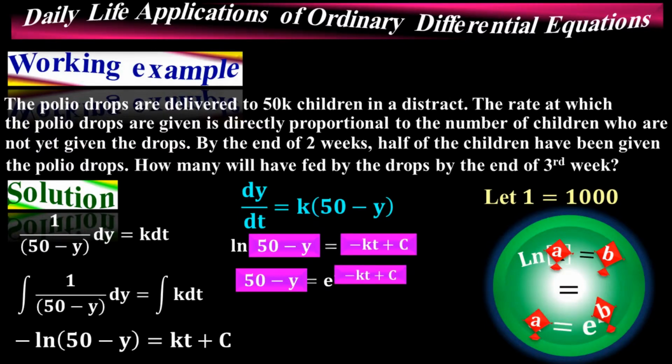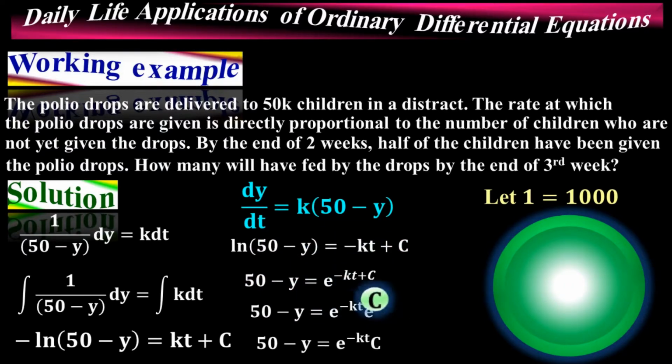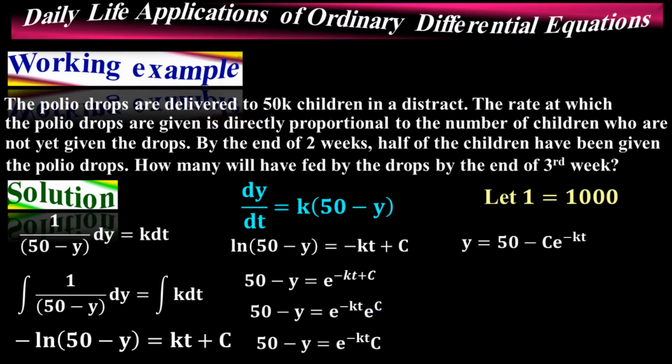You just apply this rule here. Solve the equation further, where I have c times e to the c. As I said earlier, ultimately it is a constant c, so e to the c is simply c. Solving the equation gives y equals 50 minus c times e to the minus kt.